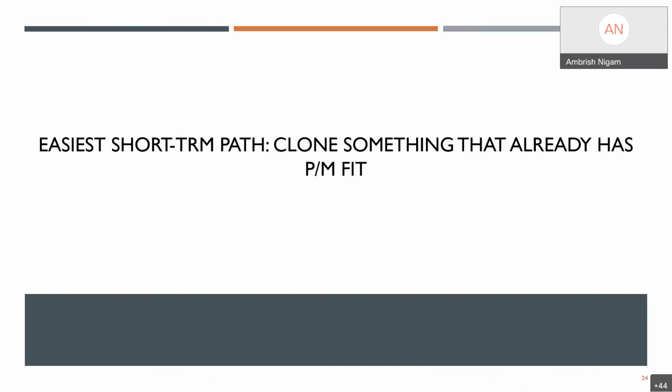The easiest short-term path is to clone something that already has product market fit. If the market keeps growing, then new users will come to you just to try it out.